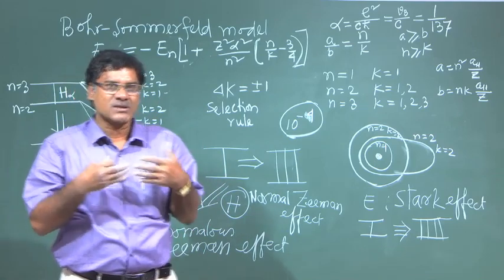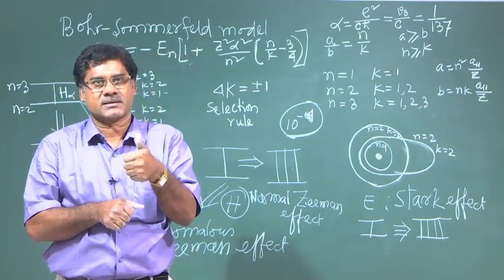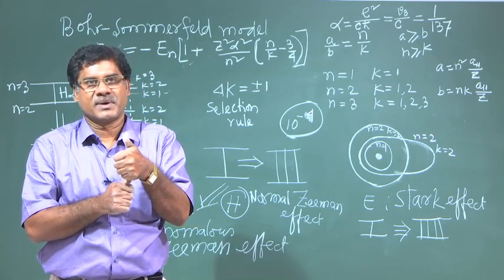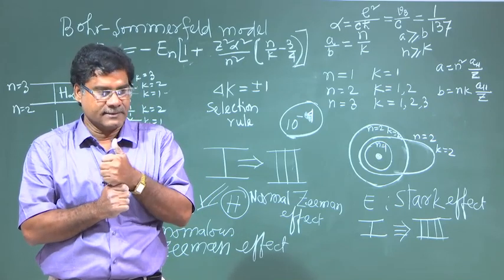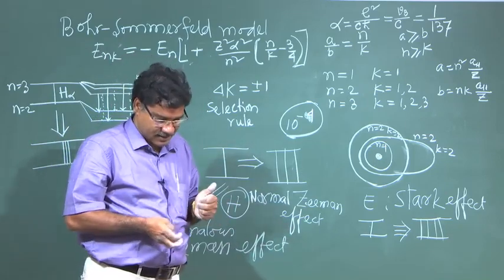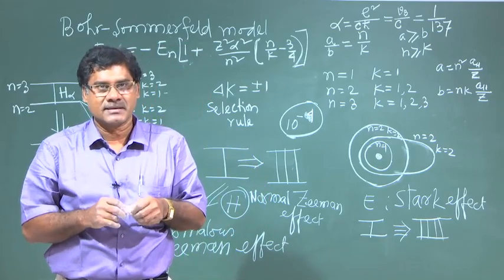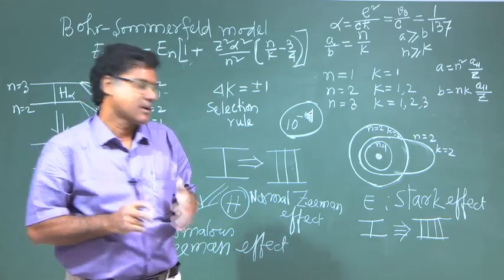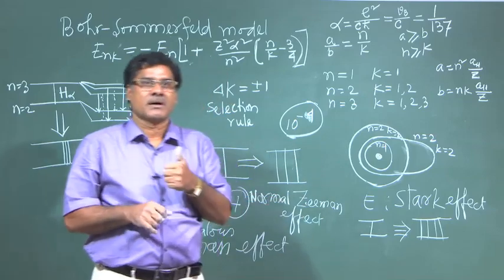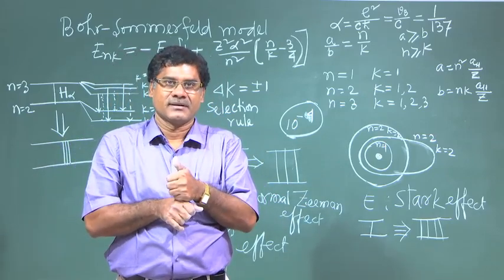To apply space quantization, one has to fix a reference direction in space, right. Since on applying an electric or magnetic field we see the splitting of the spectral lines, the direction of the magnetic or electric field is used.